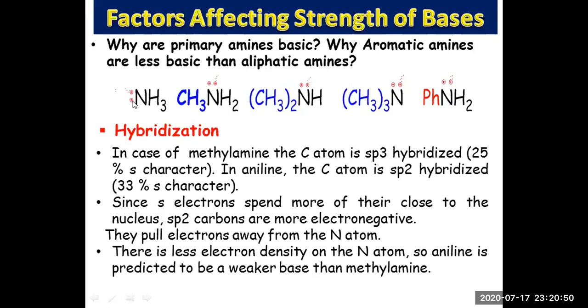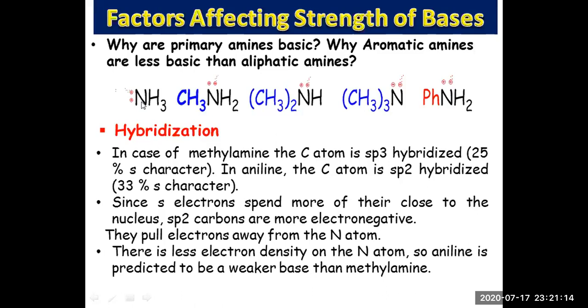Now we have already discussed that in ammonia, nitrogen has an unshared pair of electrons which can be donated. Since it is an electron donor, it is basic according to the Lewis concept. Similarly, when I pass ammonia into water, it releases hydroxyl ion and therefore Arrhenius also says that it is alkaline in nature.